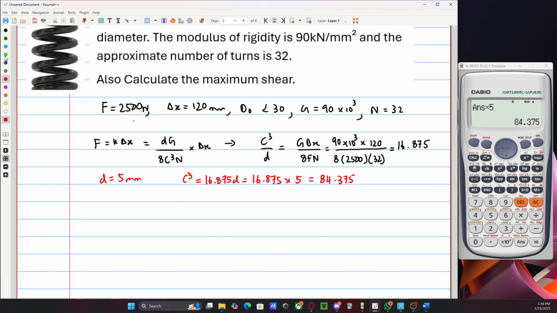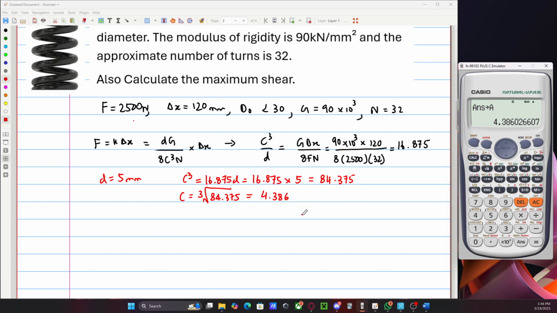And all I have to do is cube root it. So my c would be cube root 84.375. So cube root this answer, shift answer. I get 4.386. Now again, I'm going to store this because it's easier for me. I've stored this as A.